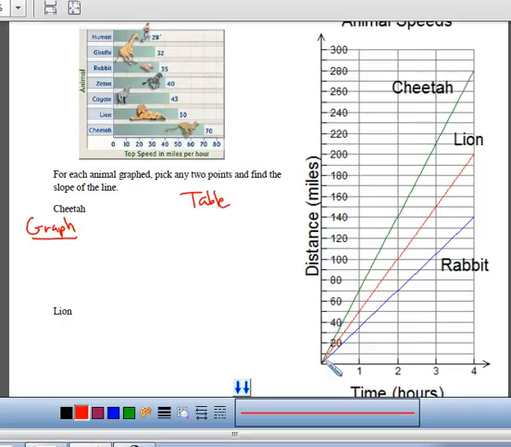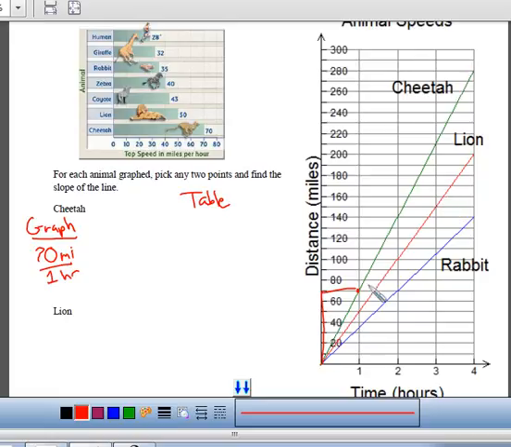So for the graph, I'm going to start at the origin, and I'm going to go to the first point for the cheetah. I go up 70 over 1, rise 70, run is 1, so 70 miles over 1 hour.